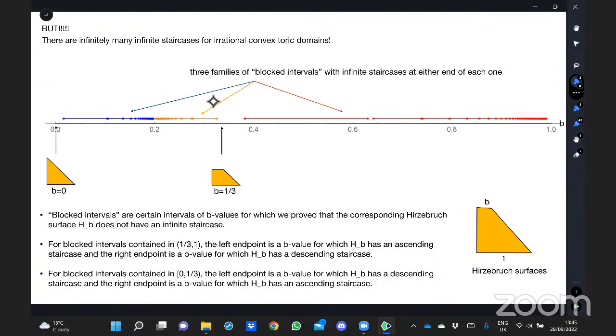We found infinitely many infinite staircases, just as Mike Usher had done for the polydisk case. And we were really trying to understand the structure behind these infinitely many infinite staircases.